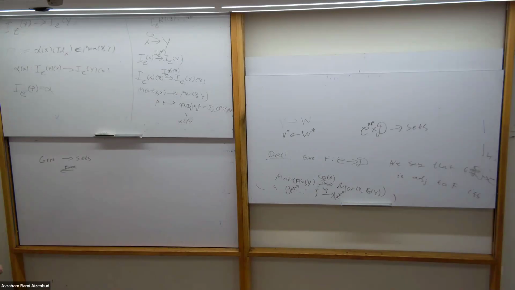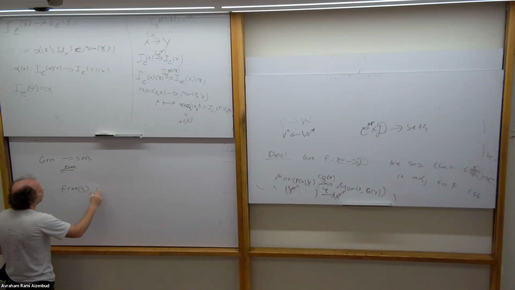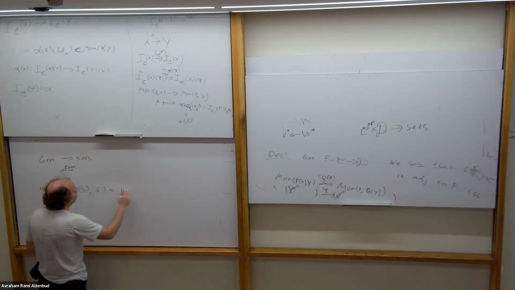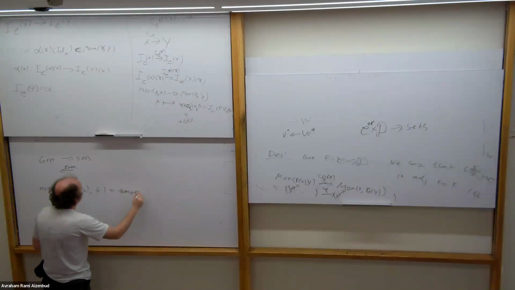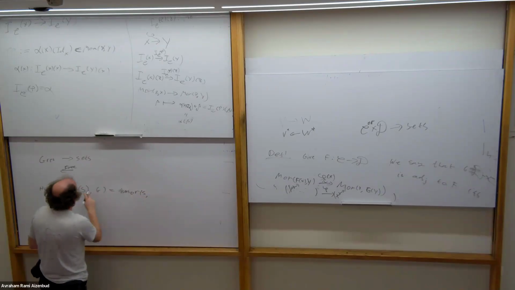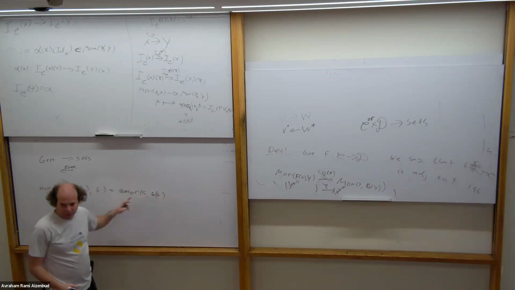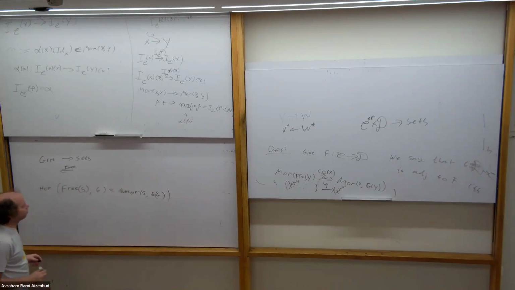So homomorphisms of groups from the free group on S to G is the same as maps from the set S to G, but it's not really G, it's the forgetful image. G is a group, so we need to forget it's a group and then take the map. So free is the left adjoint, and you see that it will not work the other way around.